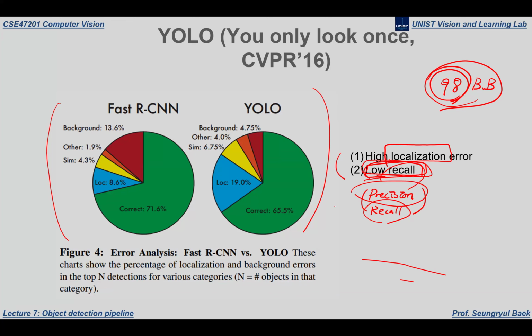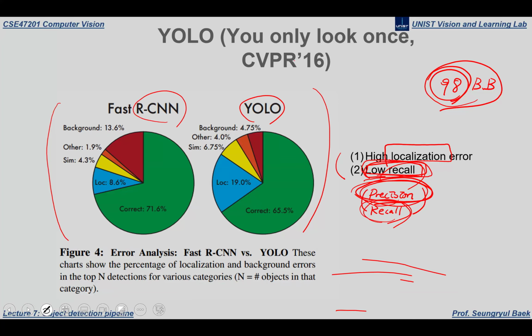That's why YOLO looks good in measurement, but YOLO is practically not that good compared to RCNN as well. So that's because of the recall, and I will explain that briefly here and then finish today's lecture.